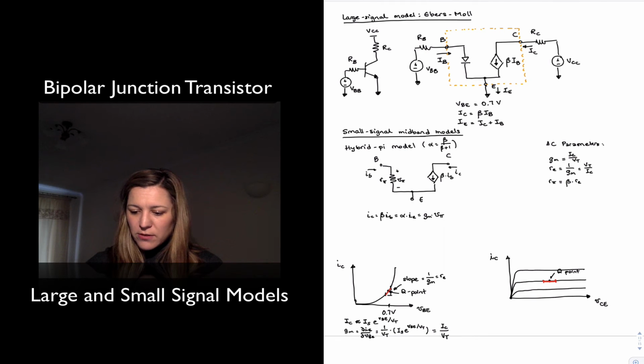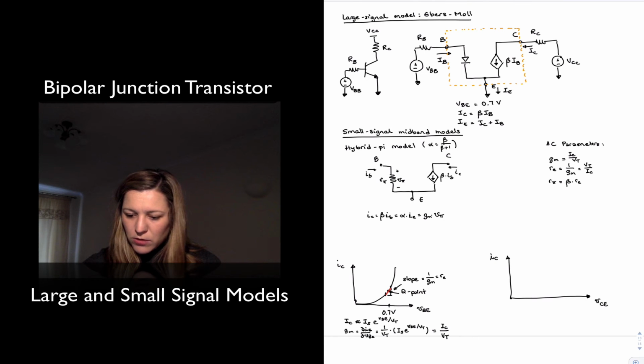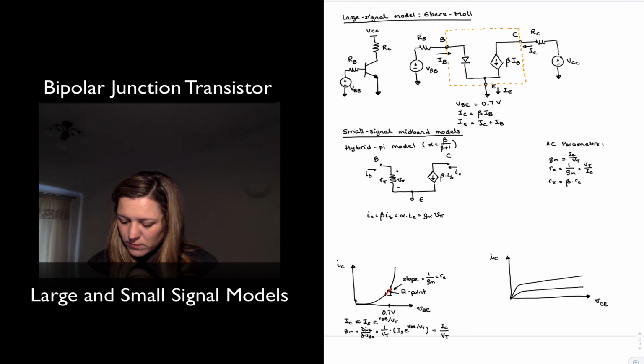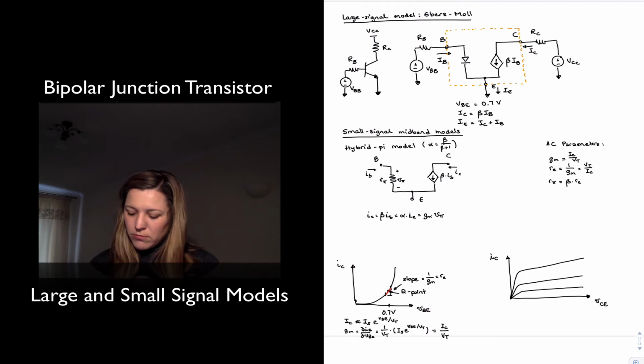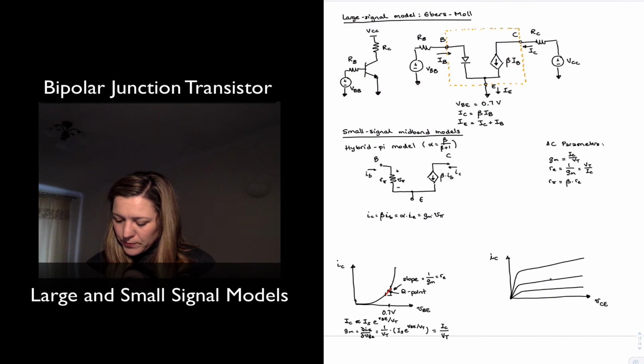But if you represent the actual slope, let me modify those curves a little bit to take into consideration the early effect. I'm exaggerating it a little bit, the slope is not that big typically, but let me mark my Q point. So my Q point is here.